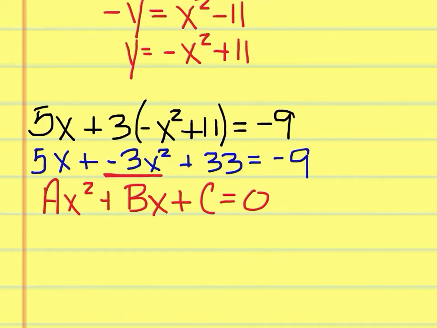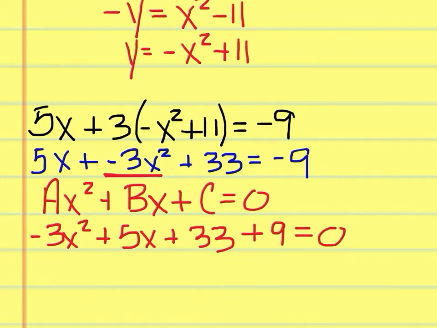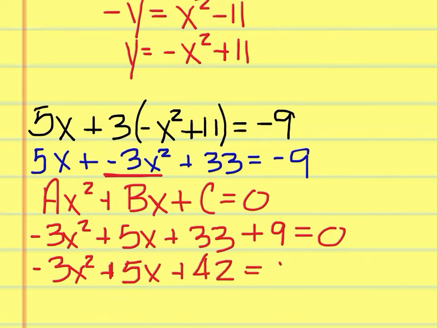Here is the -3x squared, and then you have a 5x and a plus 33. The -9 can go over to the left and become plus 9, giving us the 0 on the right. And then -3x squared plus 5x, and 33 plus 9 is going to be plus 42.